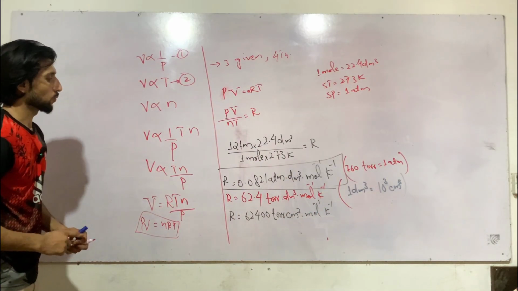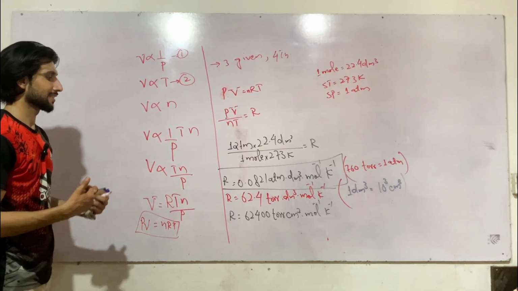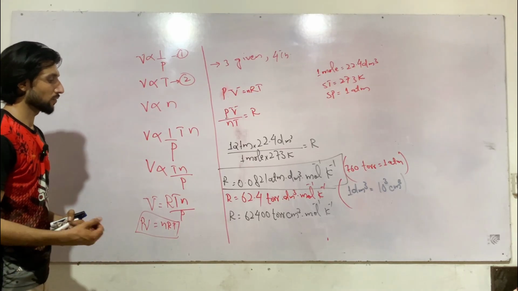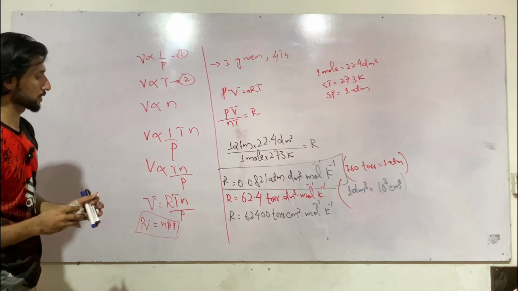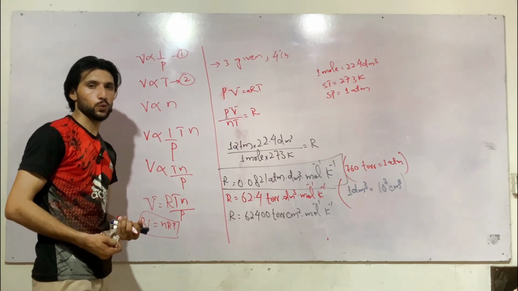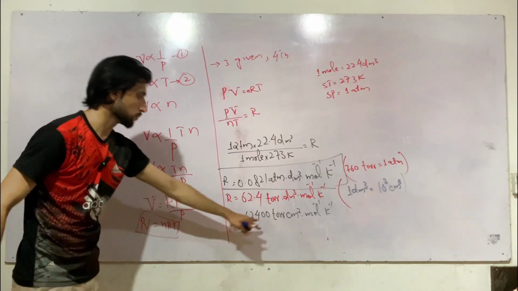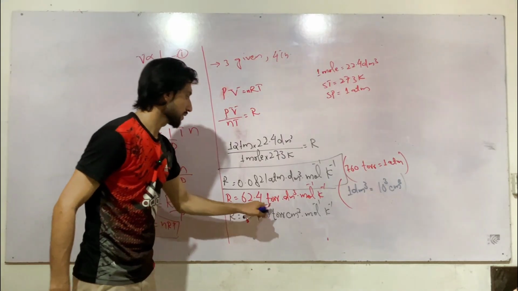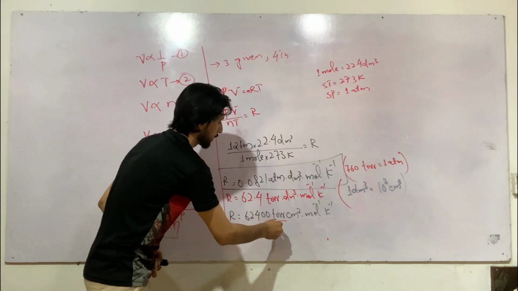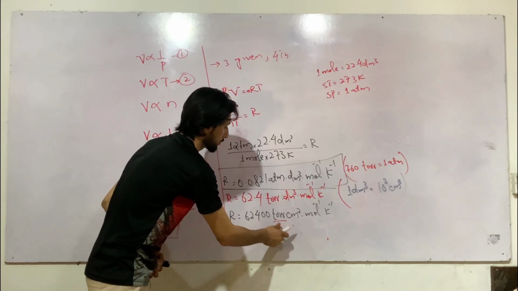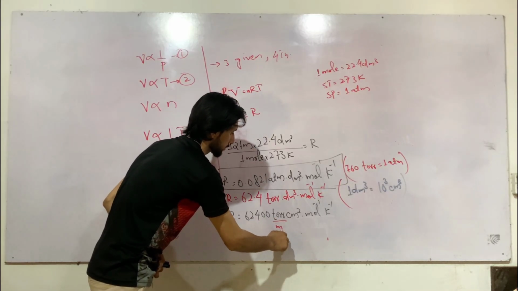Now, what about the value of R in system international units? That is Newton per meter squared and meter cube. If I replace torr here, we will have the same value, as torr and mm of Hg are the same.